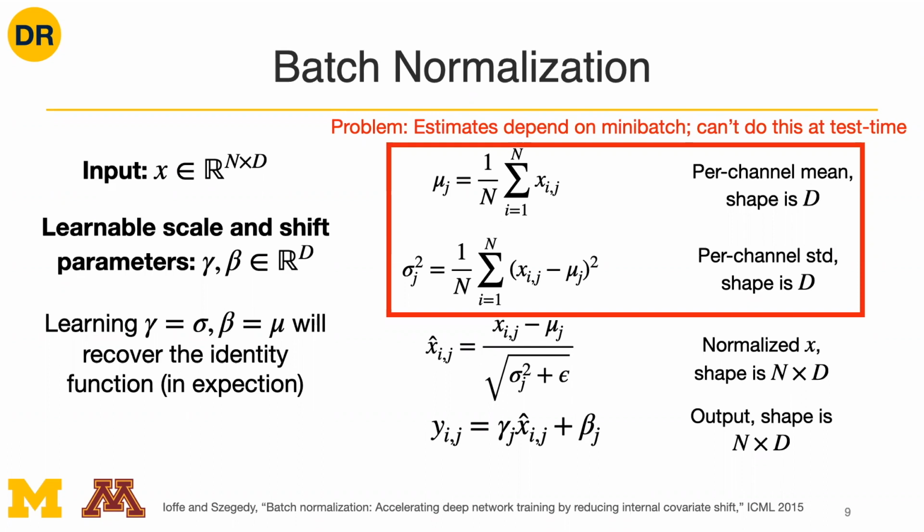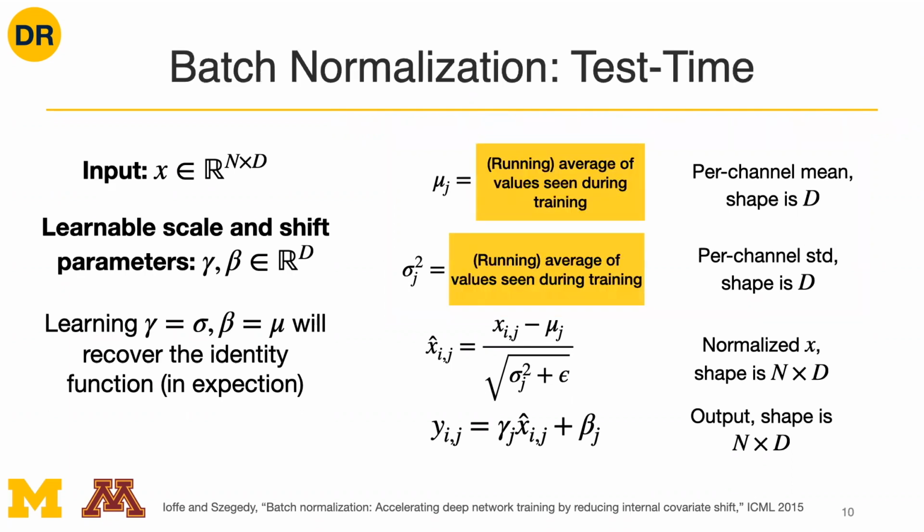So the trick that you can follow here is to have a running average for the mean and the variance during your training, and then use those values at testing time as a constant. So it's not going to depend on the test batches, but it'll be based off of the values that came out of the training.